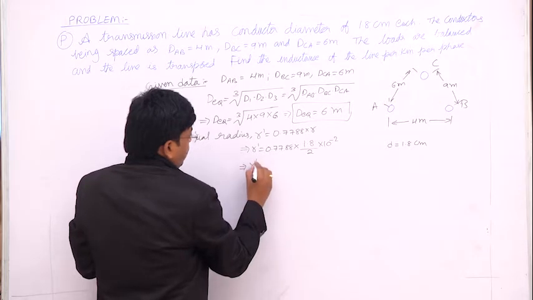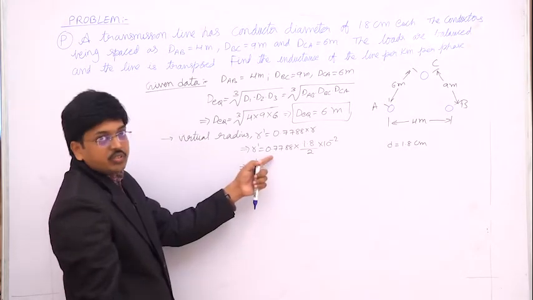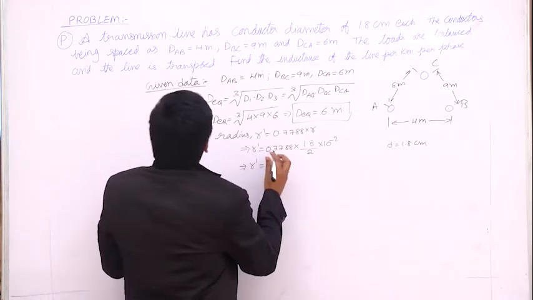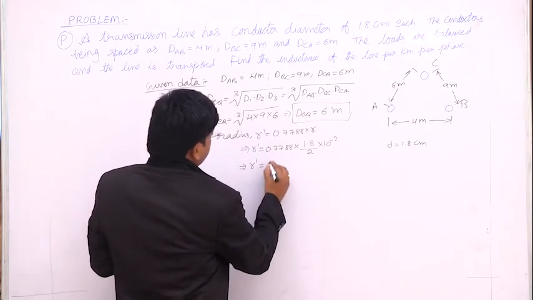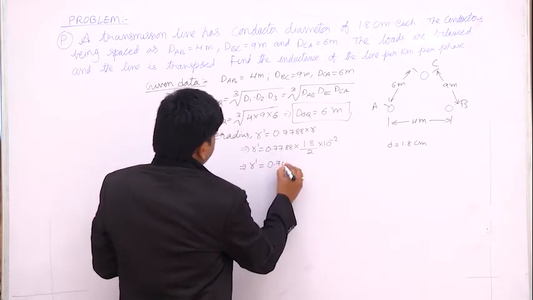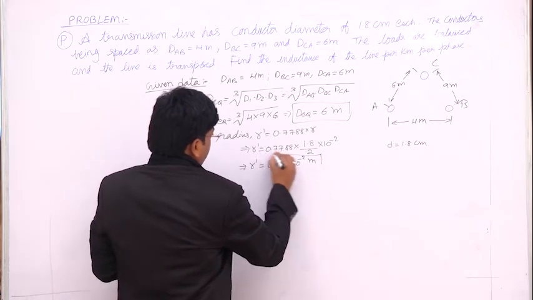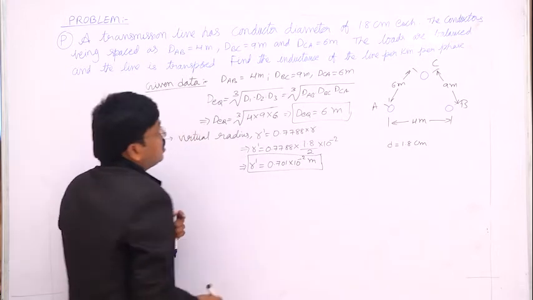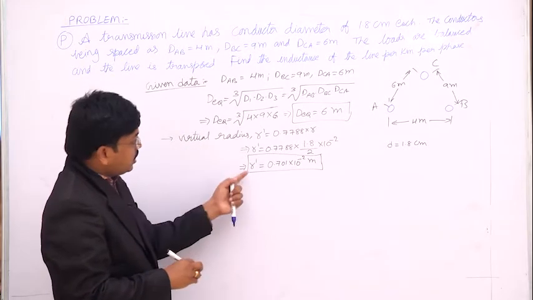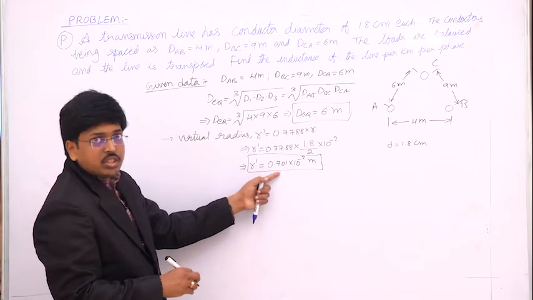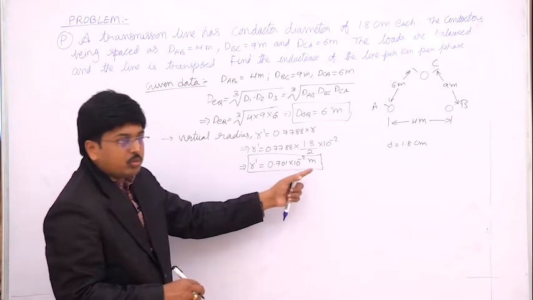If you substitute this in the calculator, you will get 0.701 into 10 power minus 2 meter. So this is the R dash, 0.701 into 10 power minus 2 meter.